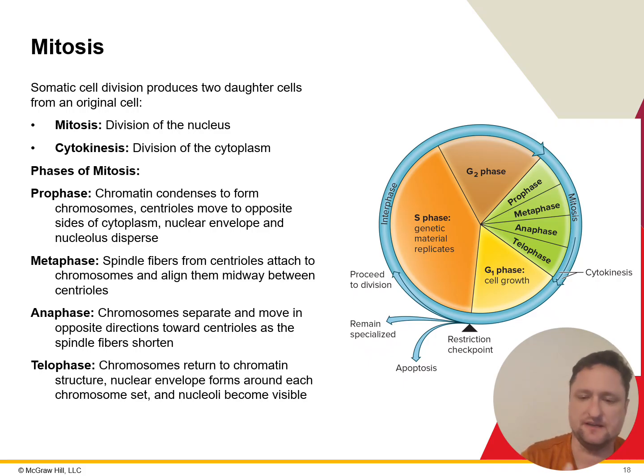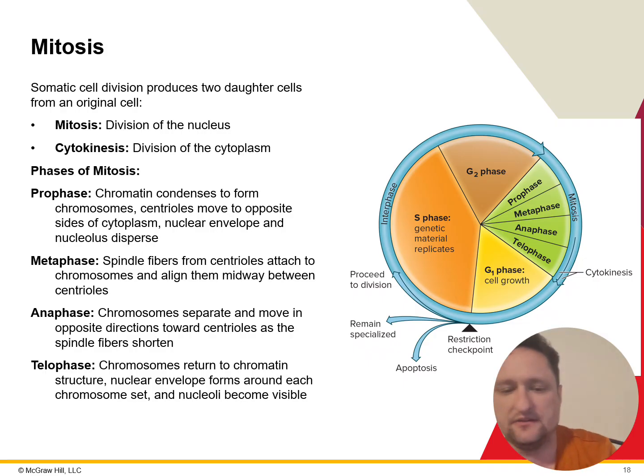So that's metaphase. Then anaphase follows as sister chromatids separate and move to the opposite poles of the cell, so opposite sides of the cell, during anaphase.